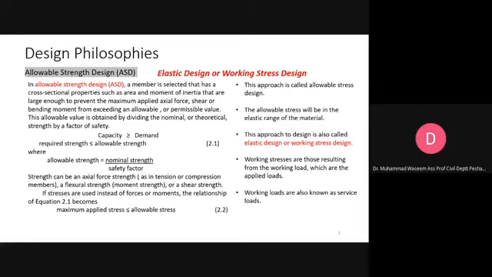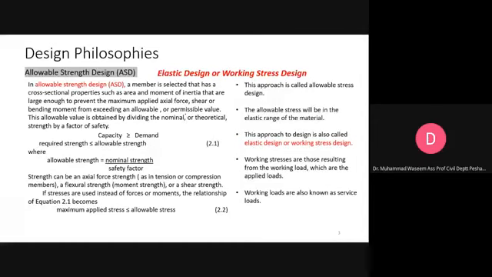These stresses have to be resisted by the member, and the member resists them through its cross-sectional dimensions and material properties. We select such a large cross-sectional area in ASD that the effects produced by the axial, shear and bending loads remain within the permissible value, and we consider the permissible value to be the elastic range.